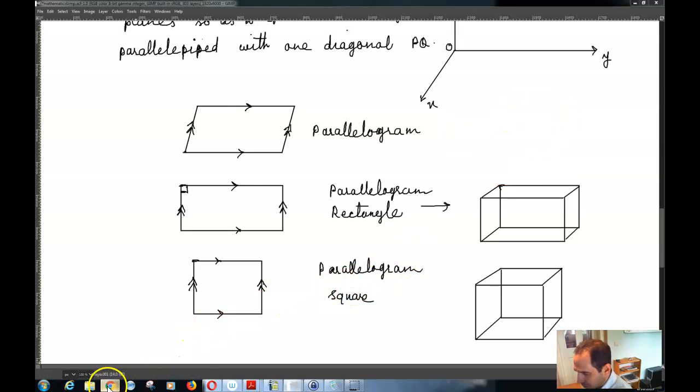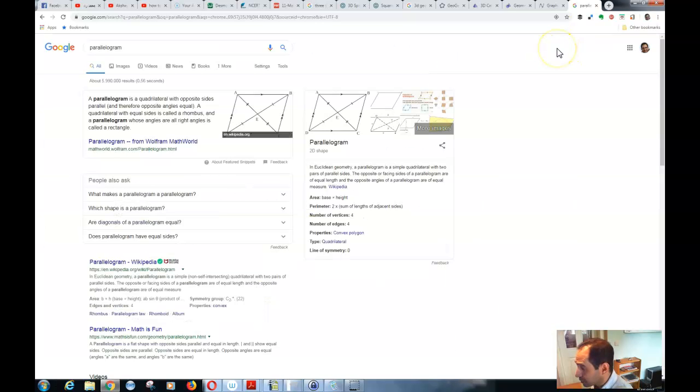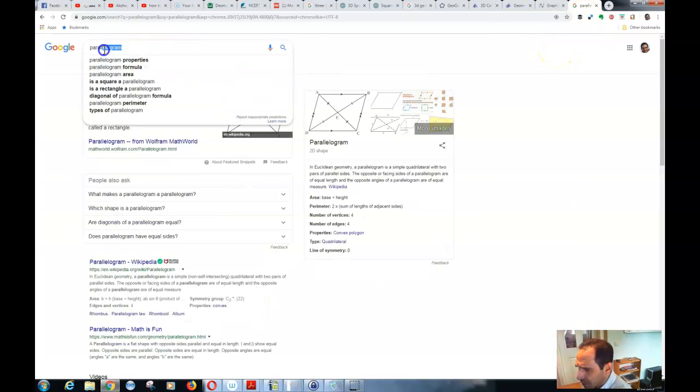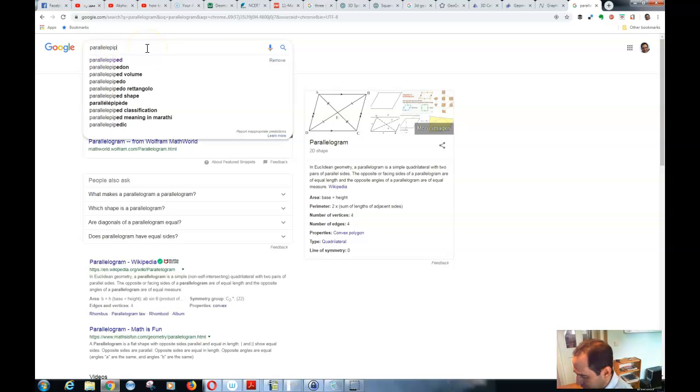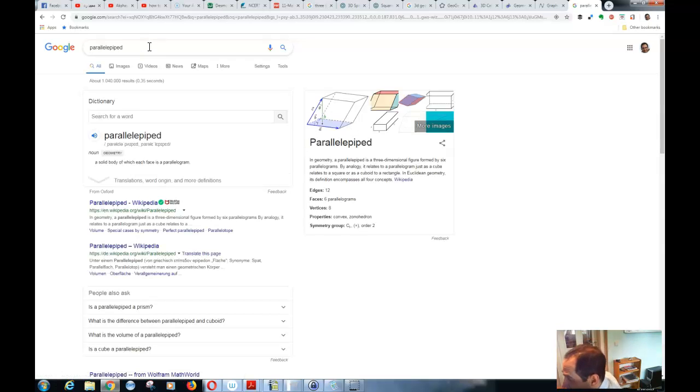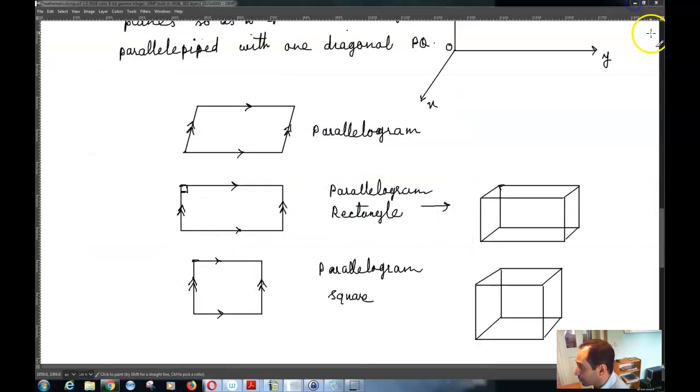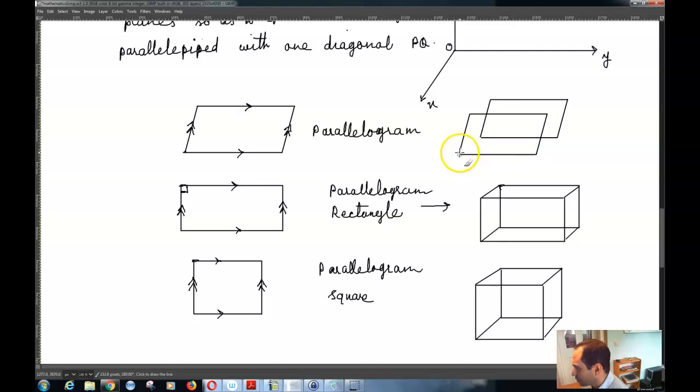Now a parallelepiped is of course something like this, meaning that if you put exactly that together with something like that, I suppose you will get a parallelepiped.